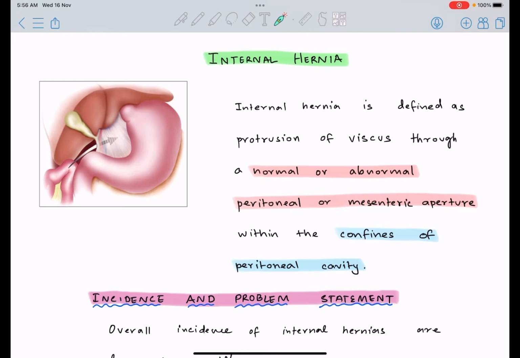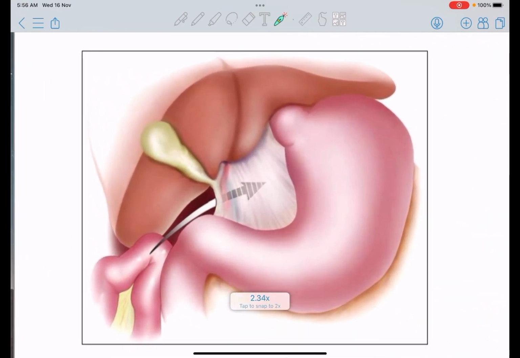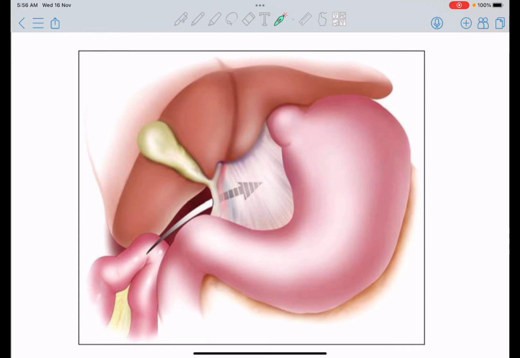Let us look at the diagram first. This particular diagram is suggestive of herniation of bowel loop through the foramen of Winslow into the lesser sac. So this is hernia through the foramen of Winslow. This is a type of internal hernia.